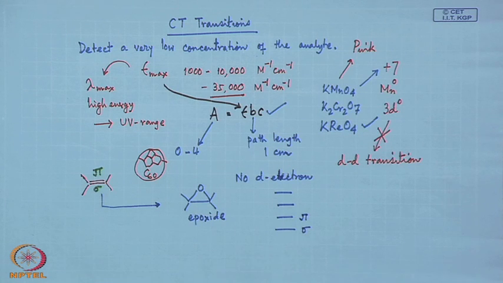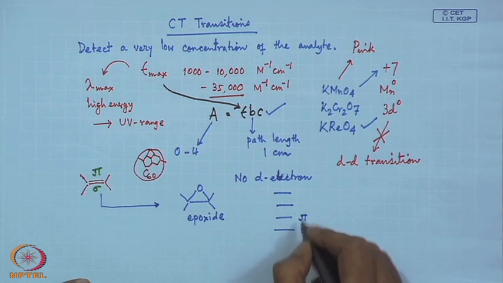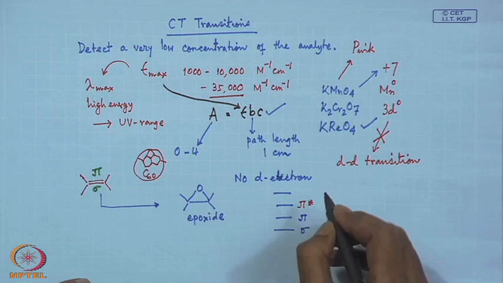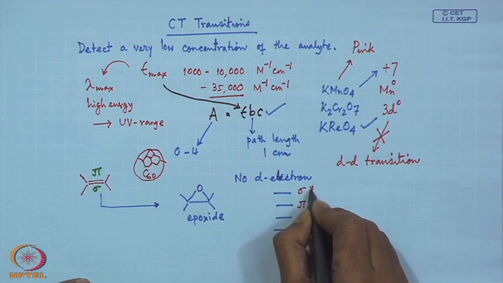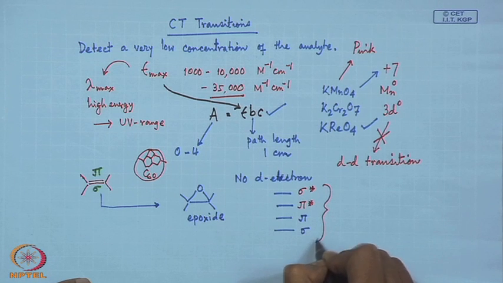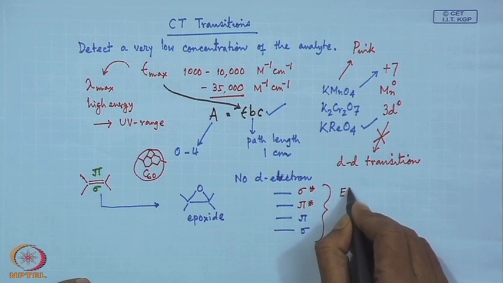That means electrons are localized by forming two bonds, one sigma and another of pi type. The type is only different. We can have the corresponding antibonding levels, which are pi star as well as sigma star levels.